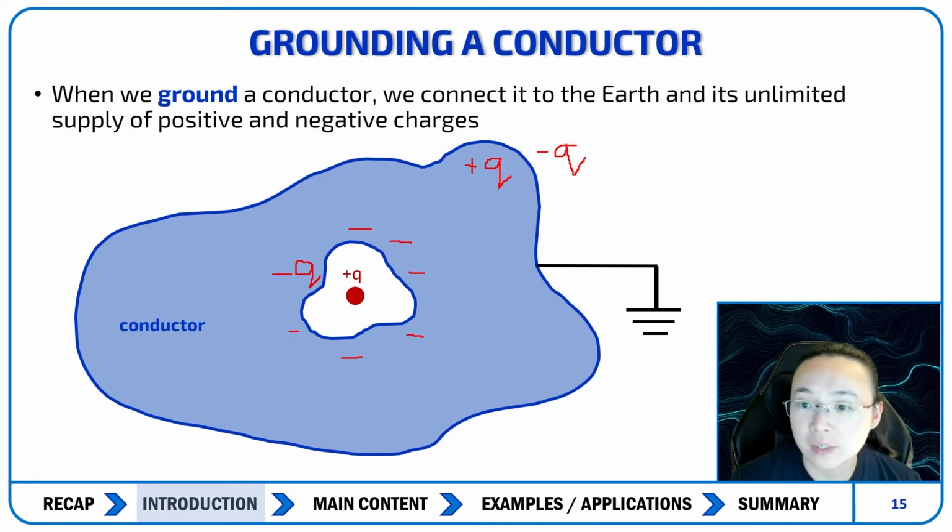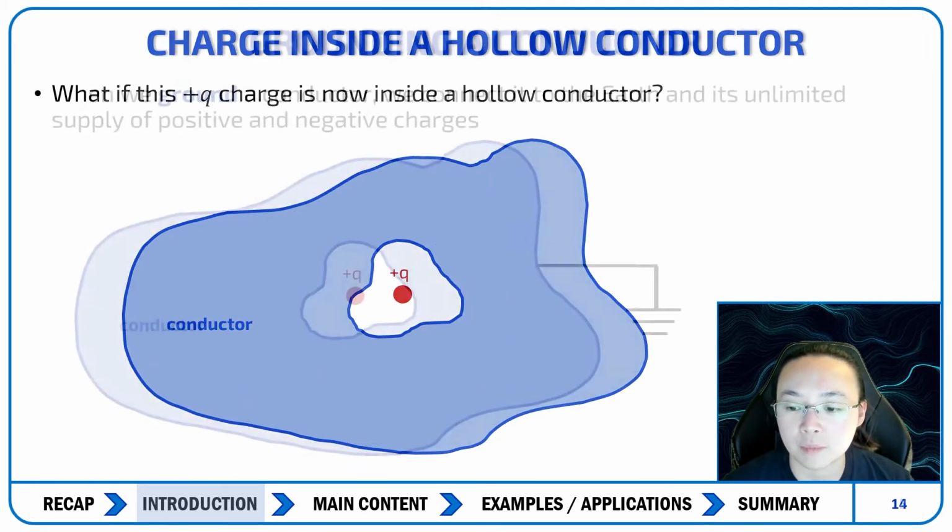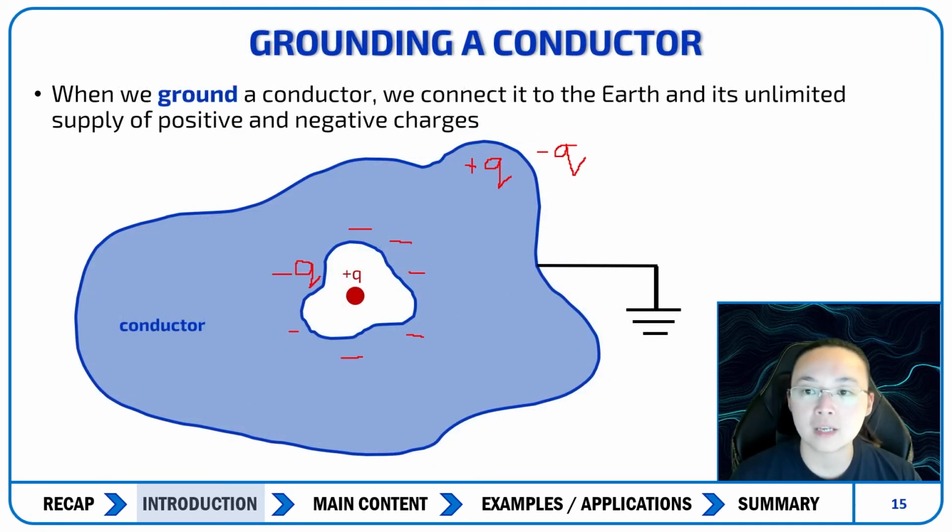There's something else I want to mention about this, because we want to find differences between grounding and not grounding a conductor. So in the previous example, we know we end up with a plus Q charge over here. And then on the next example, when we ground it, you don't end up with a plus Q charge on the surface, but rather 0.